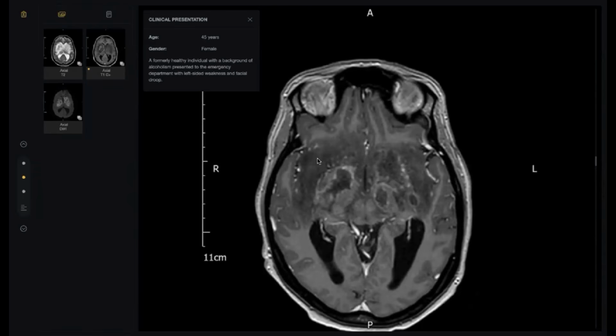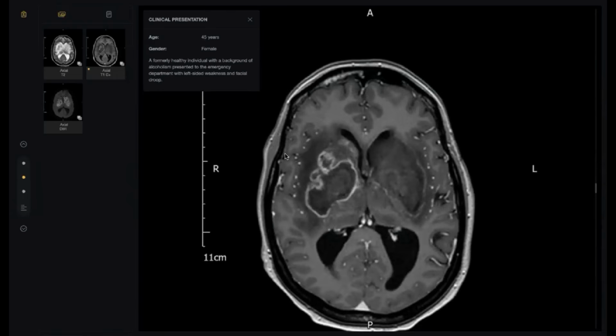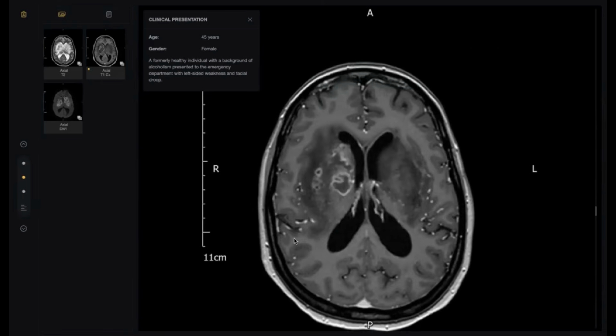And the patient is worsening. He doesn't have any fever. No. So bilateral brain abscesses.